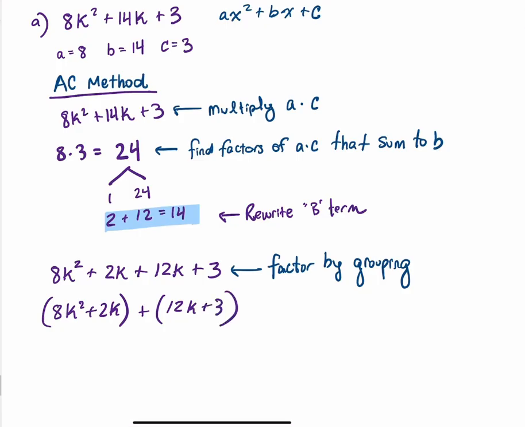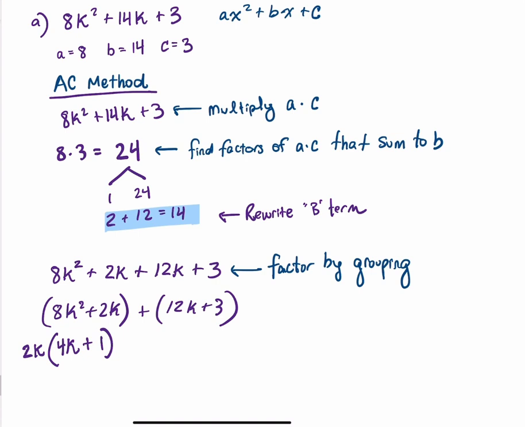So in the first set of parentheses, we can take 2 out. They're both divisible by 2, and they both have a k. So that will leave us 8 divided by 2 is 4, and we took 1k out of k squared, so there's 1 left. And we took the whole 2k out, so we'll need a plus 1 placeholder here.